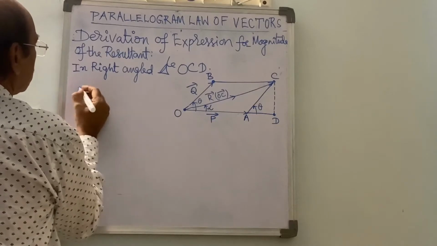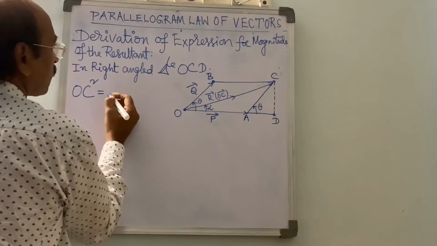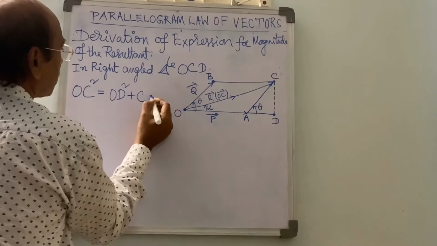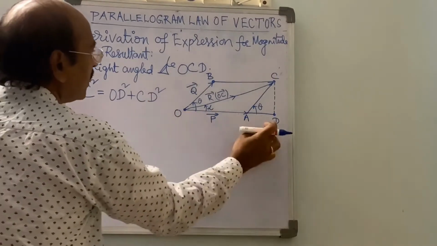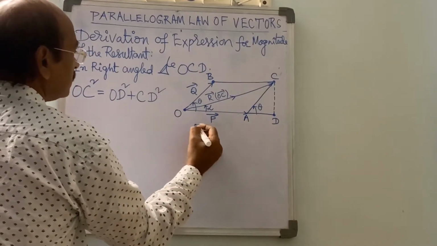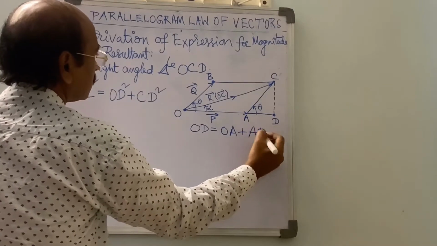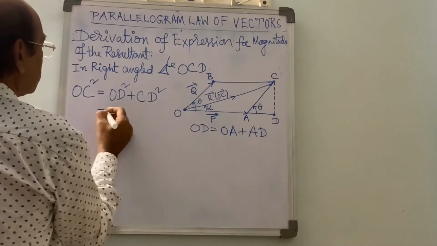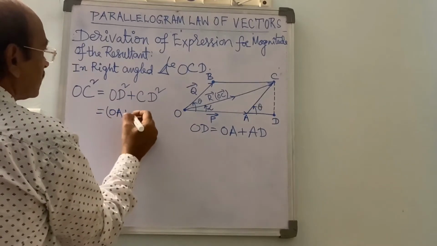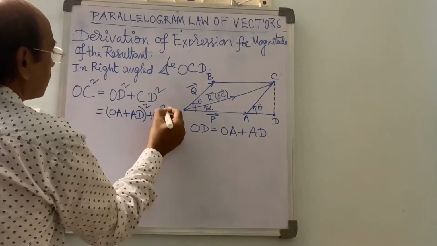Therefore, OC square is equal to OD square, adjacent side square, plus CD square. Since OD is equal to OA plus AD, this may be written as OA plus AD whole square plus CD square.